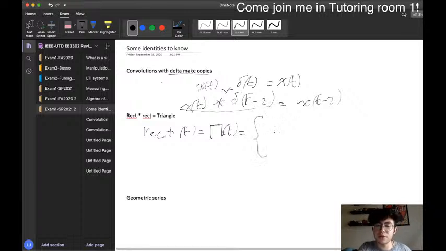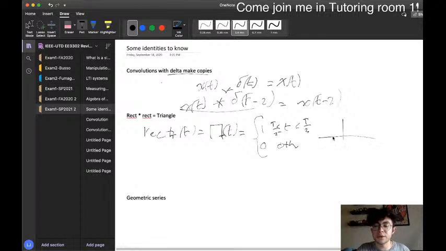This is just going to be 1 whenever t is less than, say, the period T over 2, and it's going to be 0 outside of that.